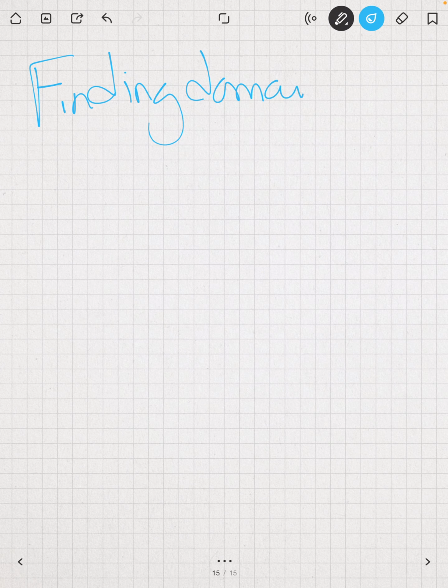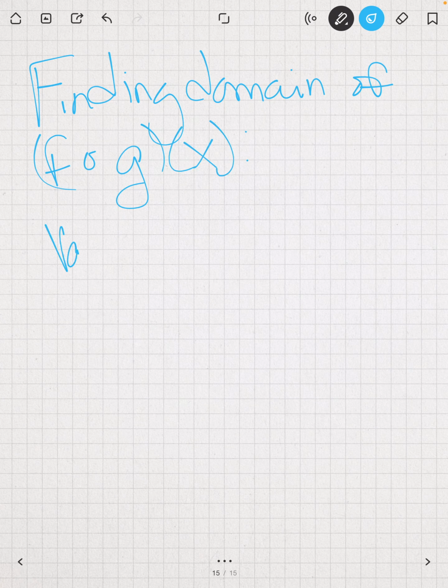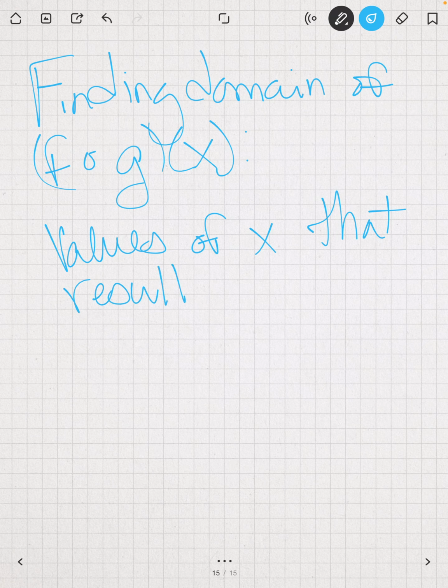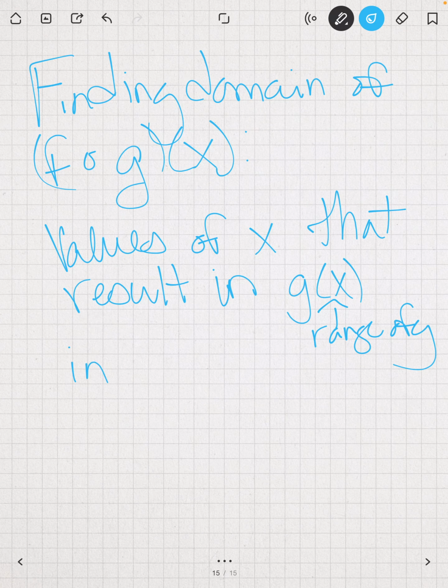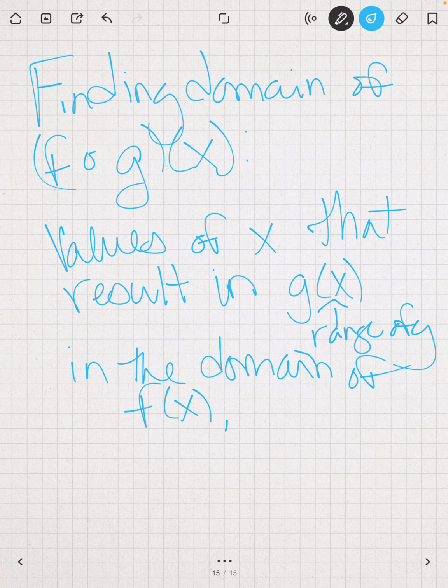So to wrap that up, finding the domain of f compose g of x: it's the values of x that result in g of x, its range of g, in the domain of f of x.